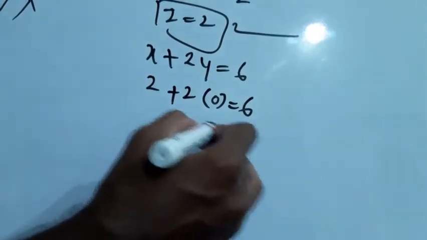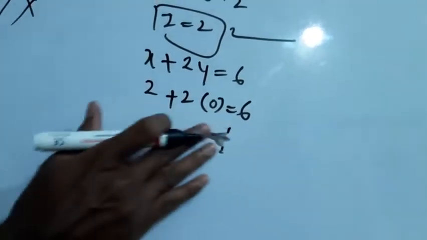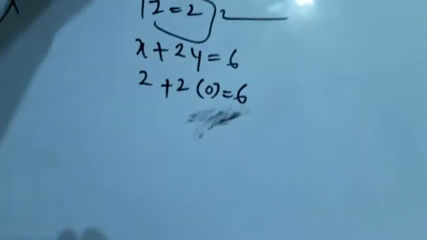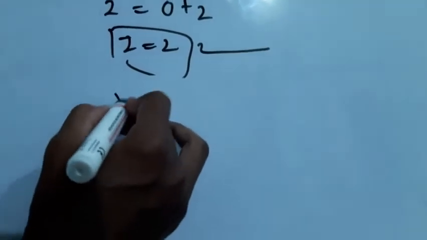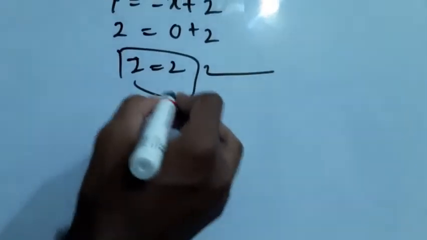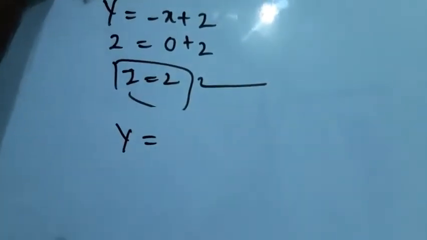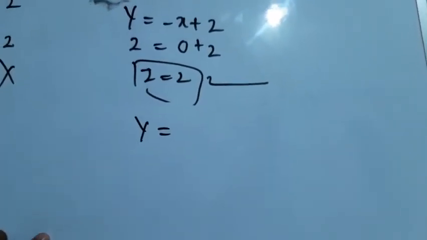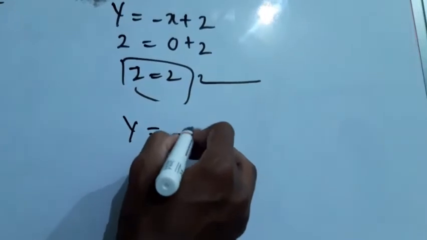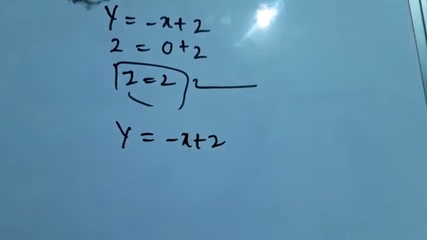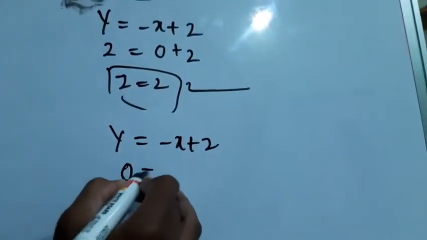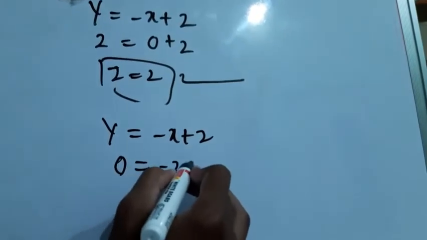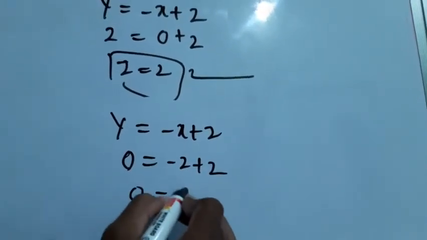We need to verify one more point, that is (x, y) = (2, 0). That third point we need to verify with y = -x + 2. What is y here? 0. What is x? 2. -2 + 2 = 0, so 0 equals 0.